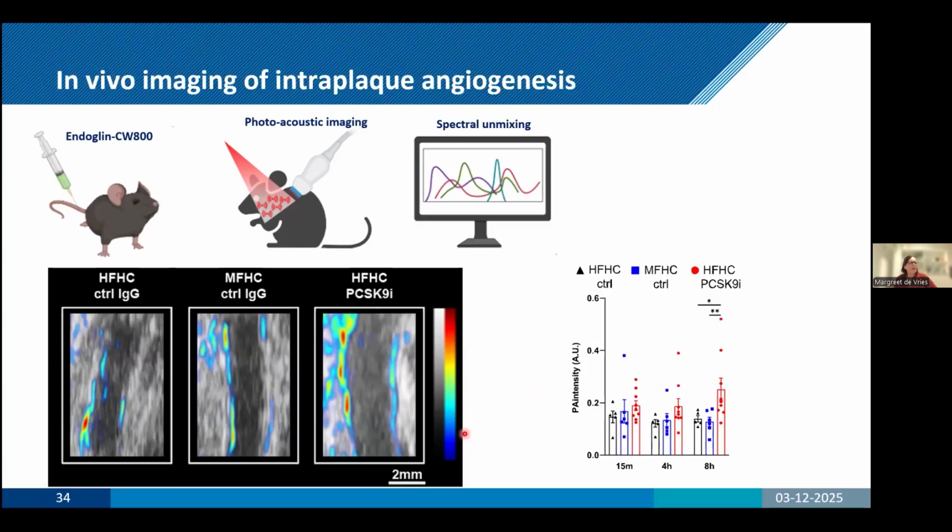When quantifying, we measured at various time points, so 15 minutes after injection, 4 hours after injection, and 8 hours after injection. And especially at the later time points, we could clearly see that we have an increased signal of these endoglin activated endothelial cells in the PCSK9 inhibition group.